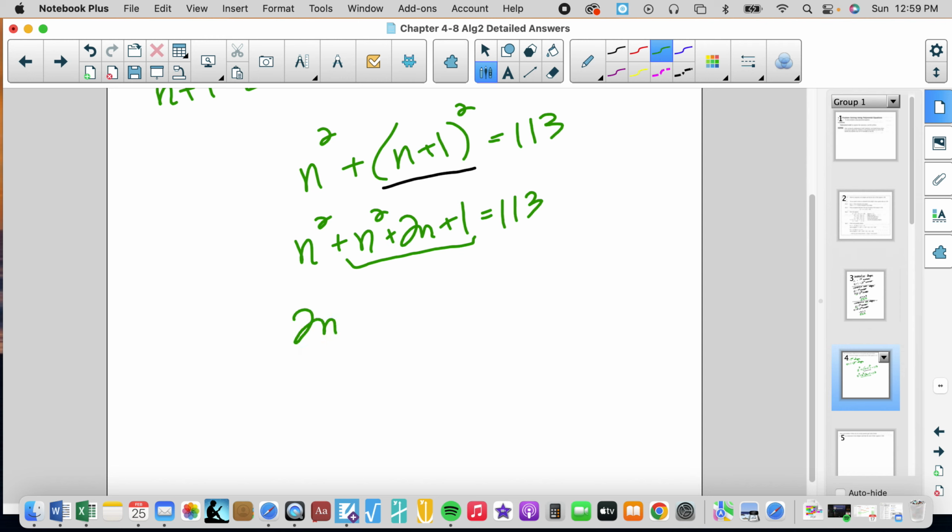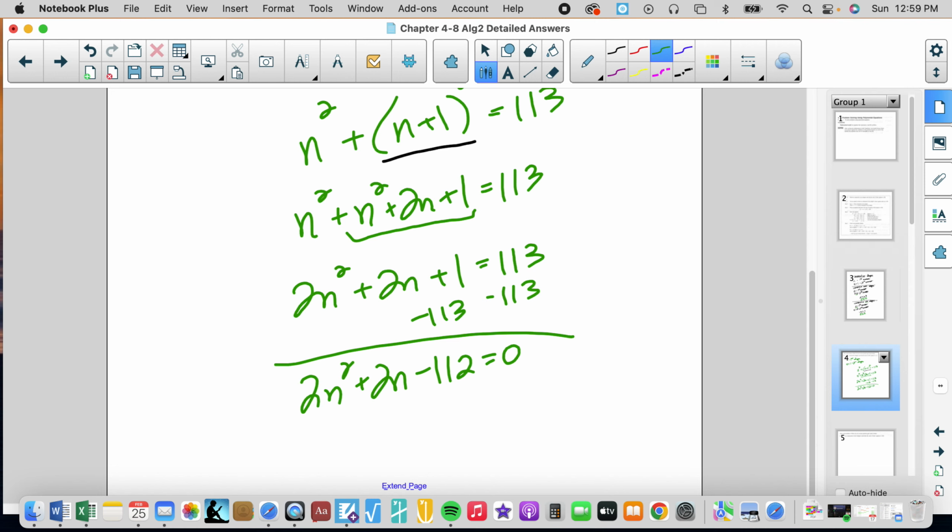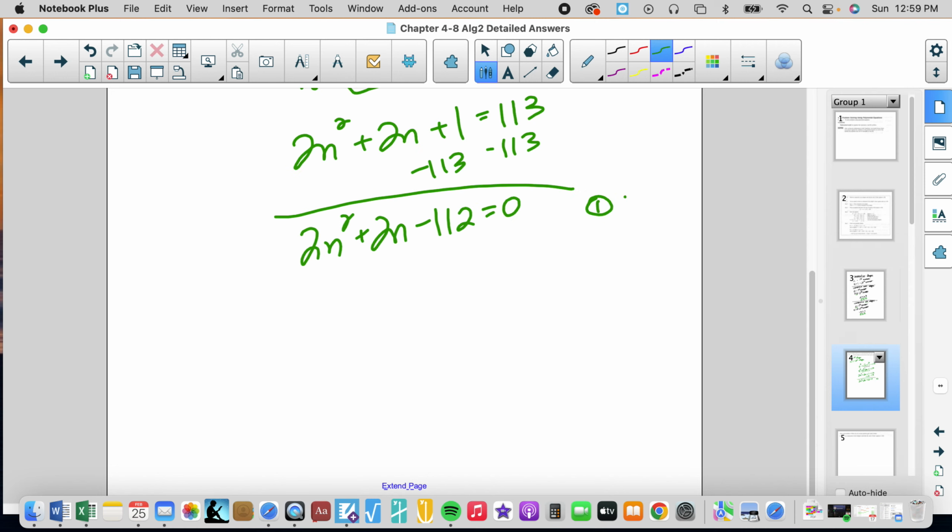So we get 2n squared plus 2n plus 1 equals 113. Let's simplify first. And then we want to set it equal to 0, because we're going to use the zero property, or we're going to factor: minus 112 equals 0. So now we're set equal to 0.